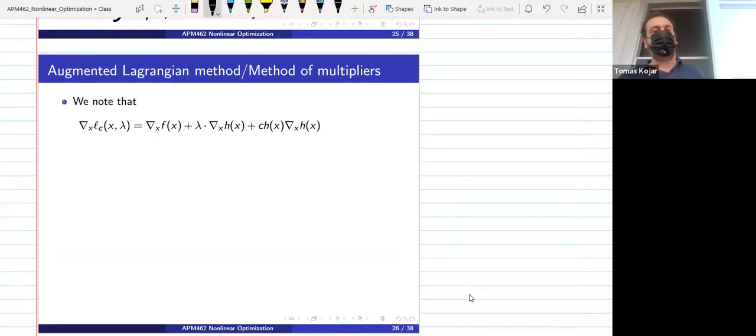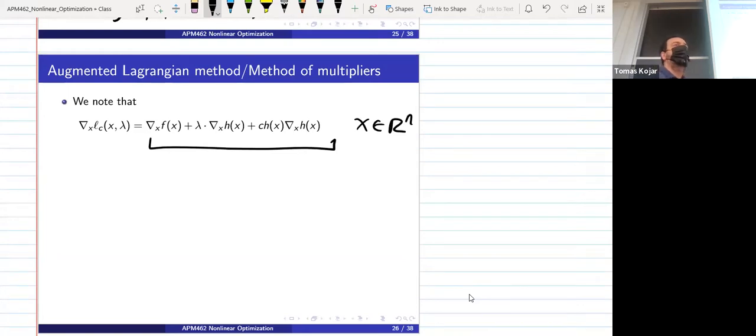Why will I go from minimizing this for h of x equals 0 to the whole expression here? What was the benefit? Do you remember? Just to see if you follow. Why did we introduce the augmented Lagrangian?